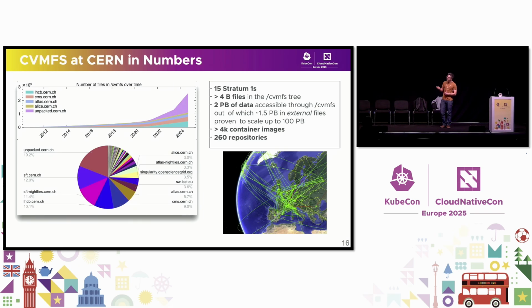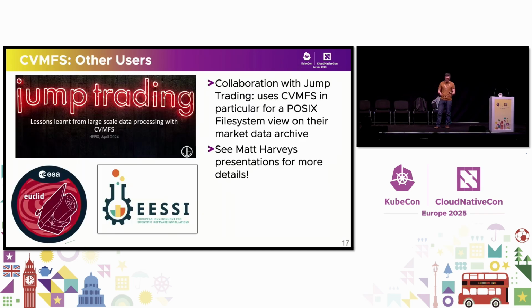Here you also find a picture from the Worldwide LHC Computing Grid, which heavily uses CVMFS to distribute software. And the biggest repository that we have is unpacked.cern.ch, which stores container images unpacked. I'm going to talk a bit about this later.